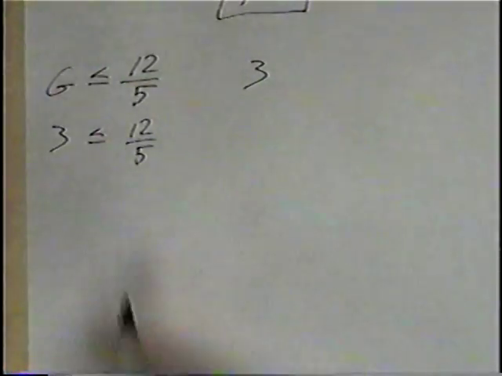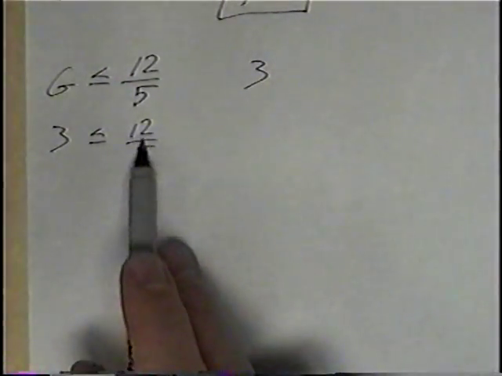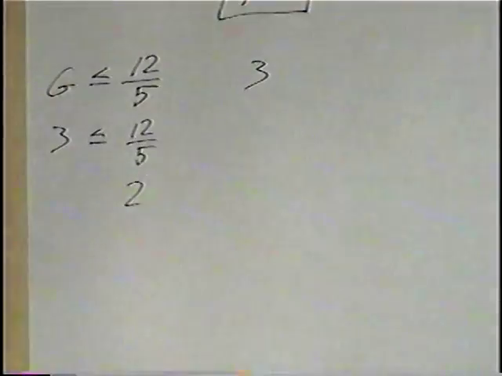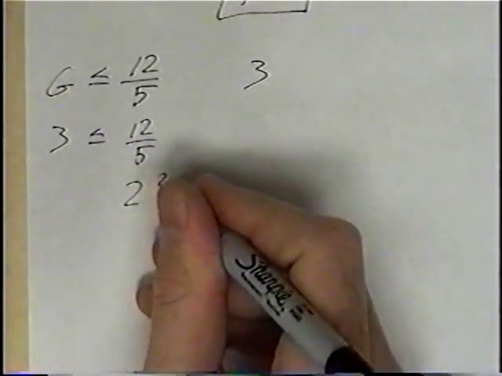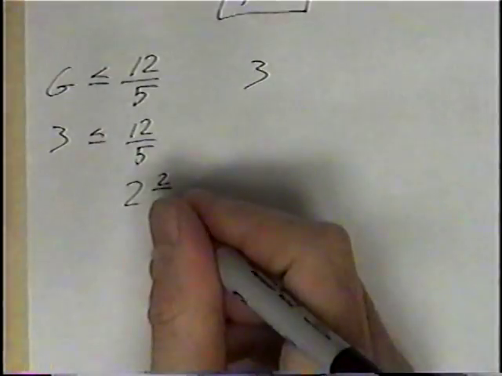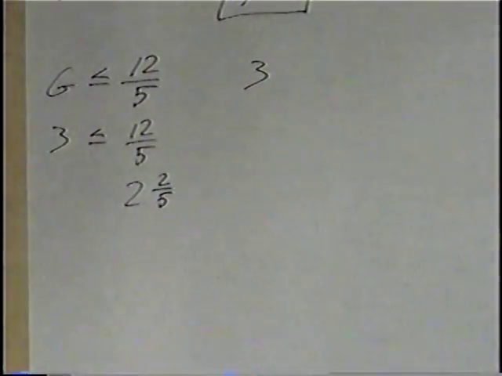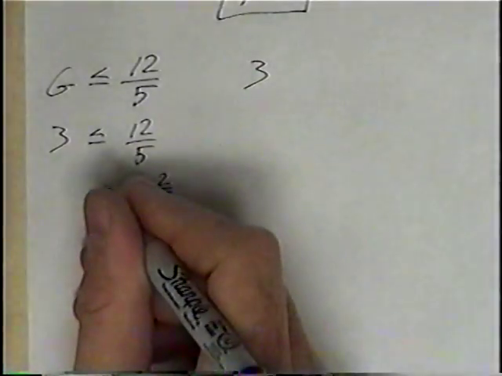If you change this fraction into a mixed number, 5 goes into 12 2 times. 5 goes into 10, so there's 2 left over. 2 would be the numerator, and the 5 would stay as the denominator. So 12/5 is the same as 2 2/5.